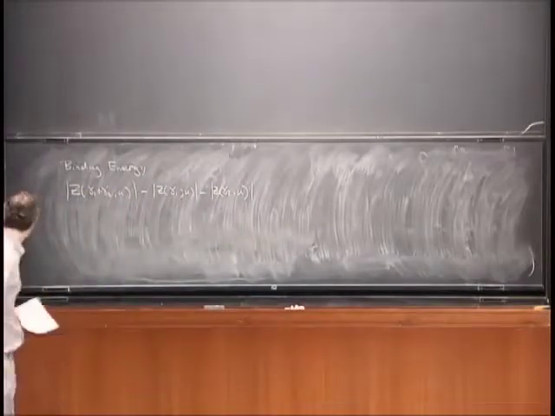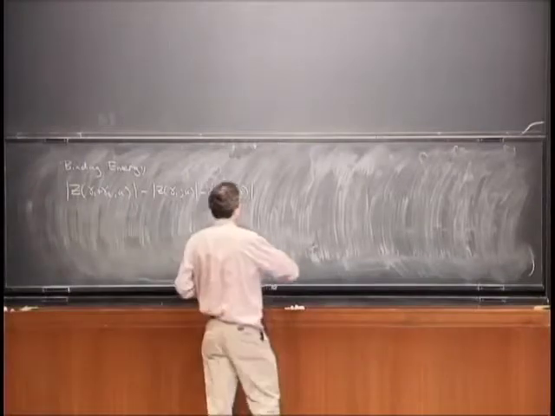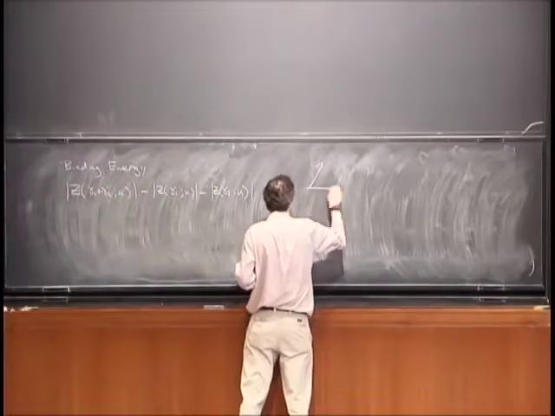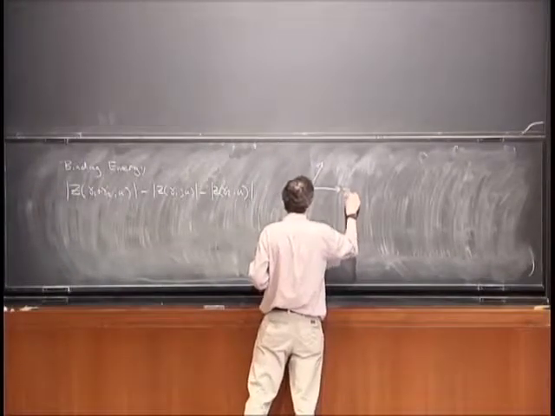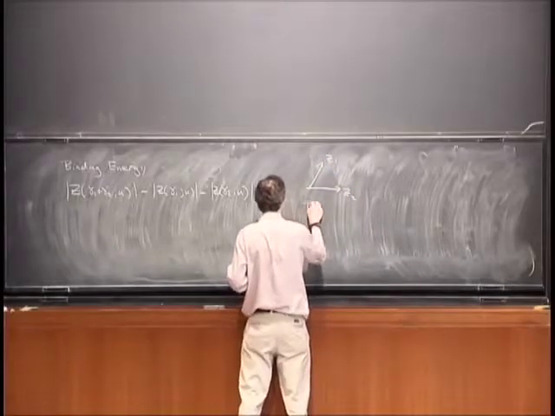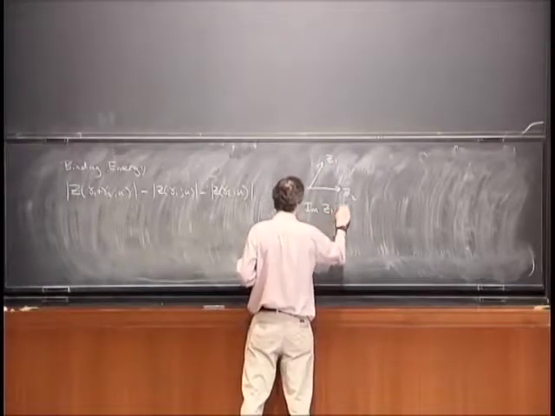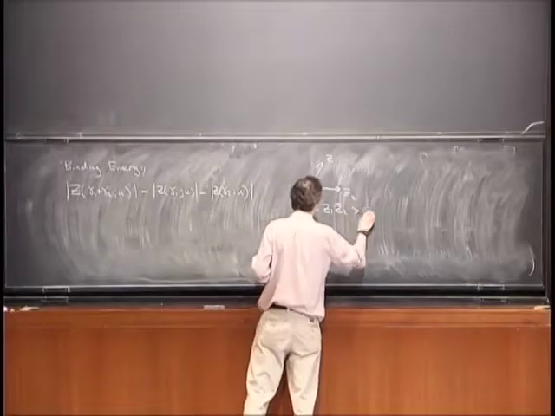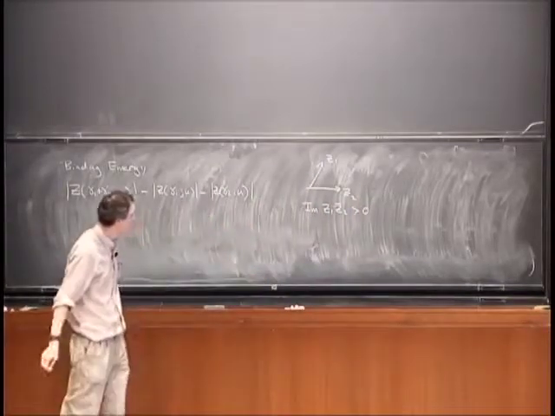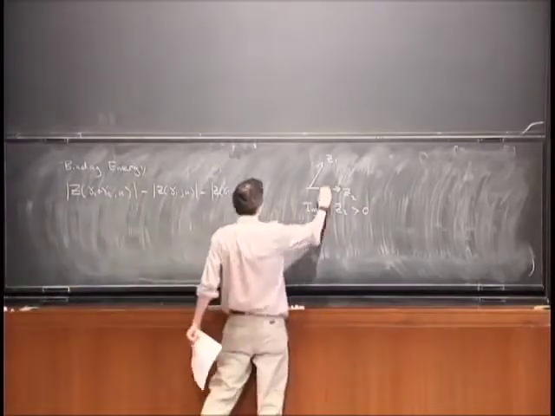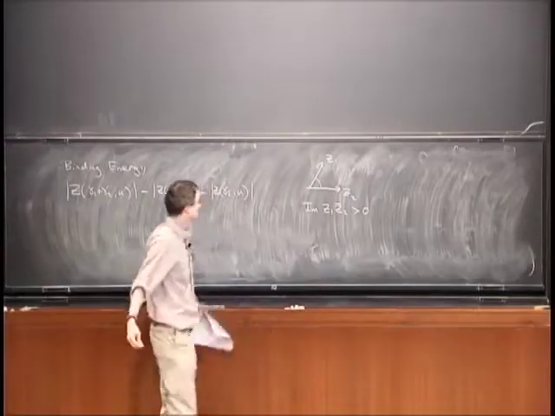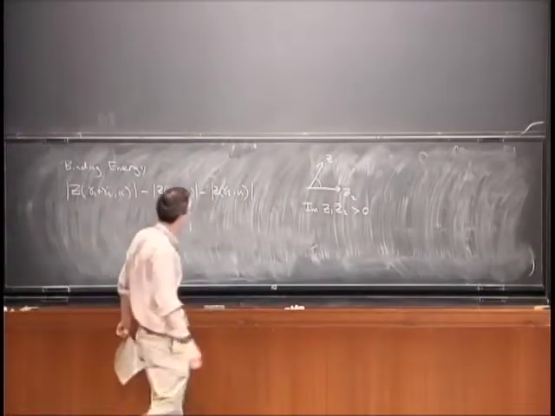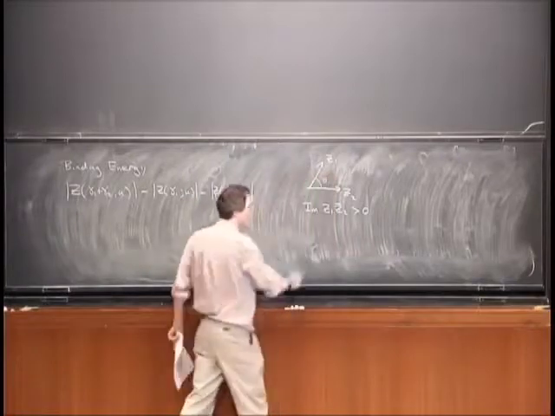Now z1 and z2, these are complex numbers. So for example, this is a useful remark for what we'll do next time: if z1 z2 bar is greater than 0, what does that mean about these complex numbers? It means that z1 is counterclockwise to z2 with an angle between them which is less than pi.